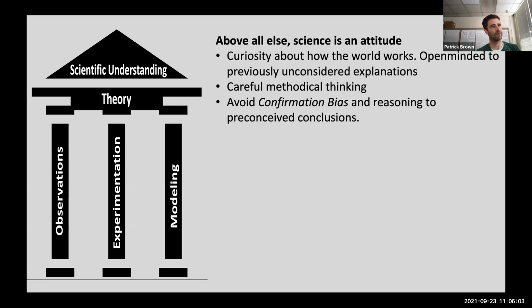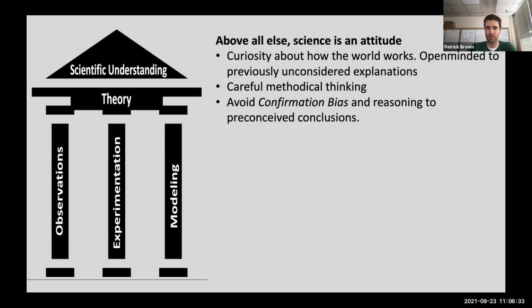Confirmation bias is when you have a preconceived conclusion, and you try to assemble all the evidence that confirms your conclusion, rather than looking at the full breadth of evidence, or even intentionally trying to prove your hypothesis or your explanation wrong.